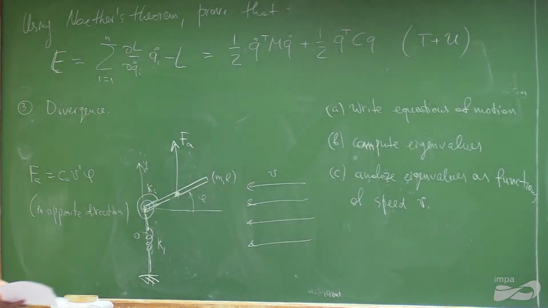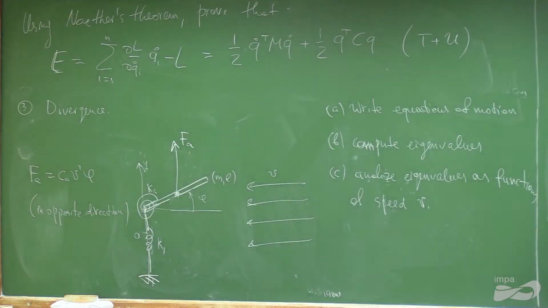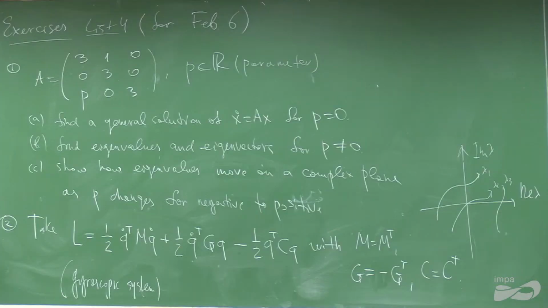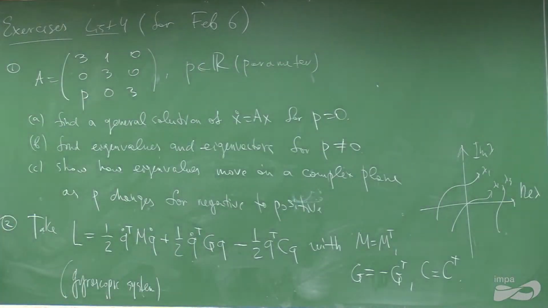Analyze how the eigenvalues change as the speed changes. Essentially, you should see what will change in these pictures with lambda squared and then with the square root. So the pictures will be quite different. And you should be very careful here because most people make very simple algebraic mistakes here, because you should be careful with signs.